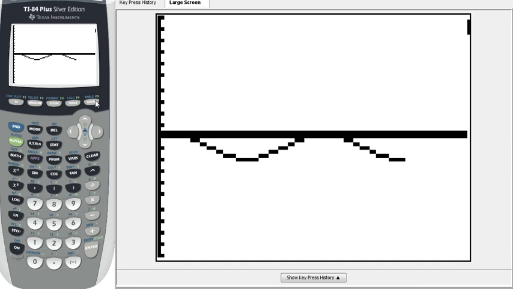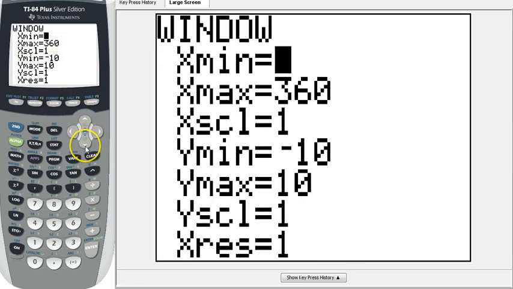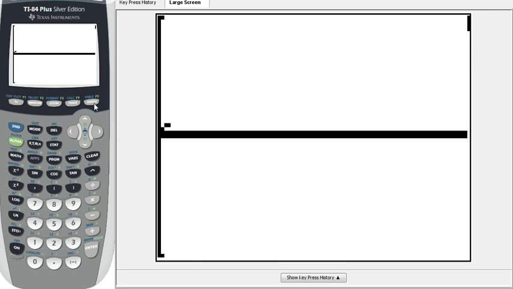So right away it looks like there are 2 cycles here, not 1, which means that the period is actually 180. So what I'm going to do is change my window to get x max is 180. And I'm going to actually change my y min and max to -1 and 1, because with -10 and 10 I didn't see a lot there. I'm going to do -1 and 1 to make it smaller, and then double check.